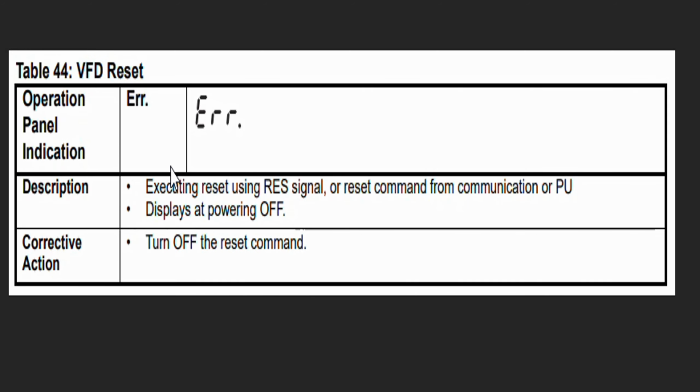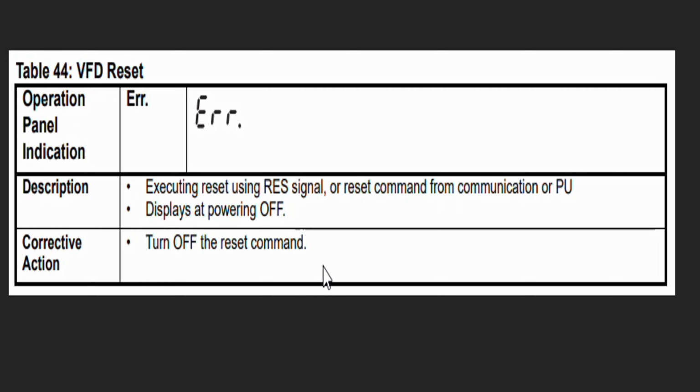VFD reset. Error code is ERR. Okay, it is executed when we reset the VFD. When we give the command from the communication or display unit, only at the time it is getting reset does the error come.